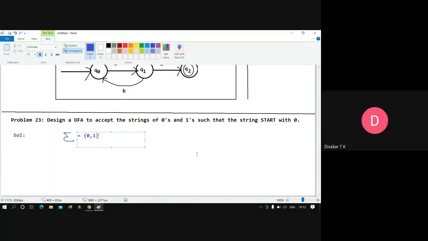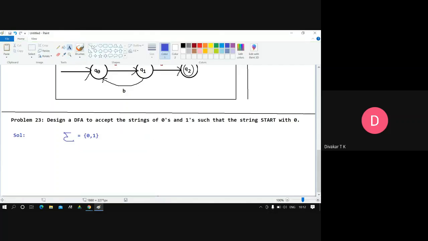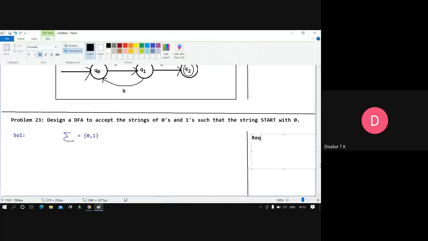Next, Gokul, tell me what is the requirement? Sir, it should start with 0. Very good. Now the requirement is: start with 0.